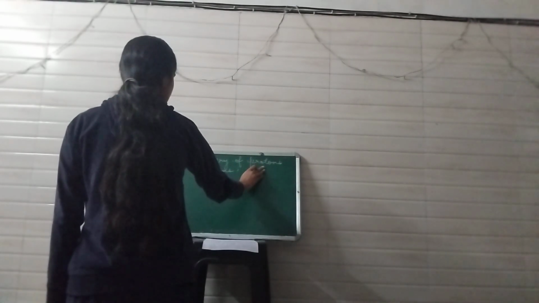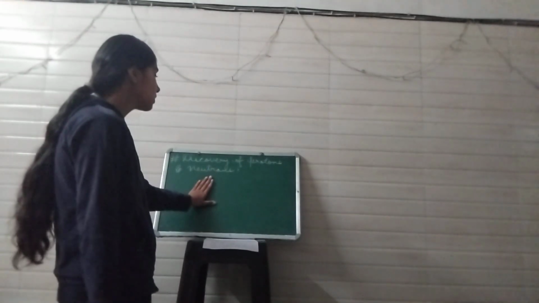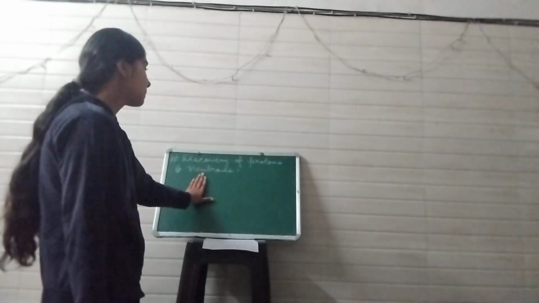Now we will know that the proton is a positively charged particle and the neutron is neutral, meaning no charge. This experiment was done by the scientist Chadwick. The full name of Chadwick is James Chadwick.